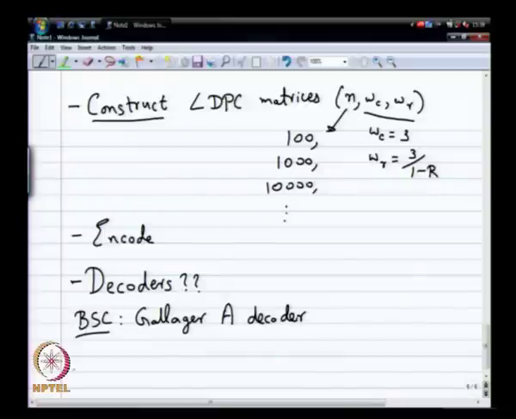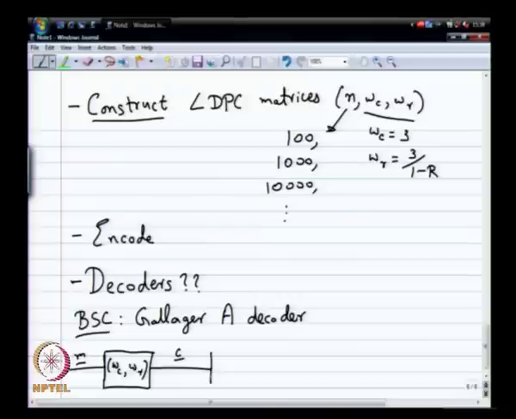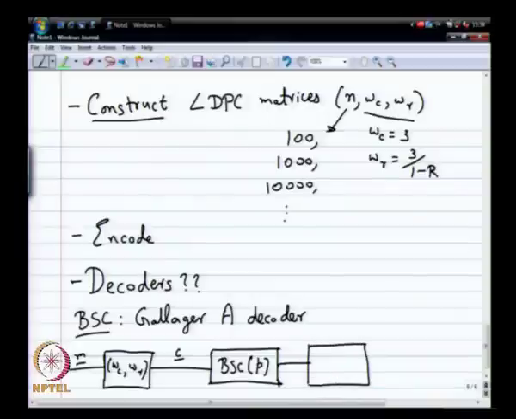Okay. So, you have a message M which gets encoded by, let us say, a regular LDPC code. You get a code word C, it goes through a binary symmetric channel with, let us say, a transition probability P, and then you are going to run this decoder on the received vector R, which will now be bits.